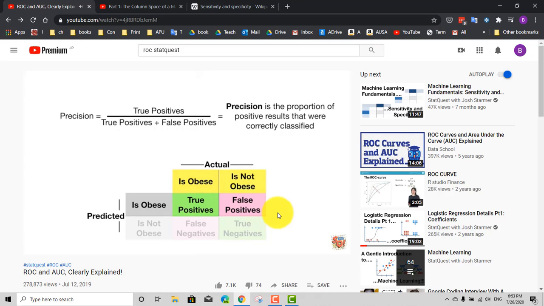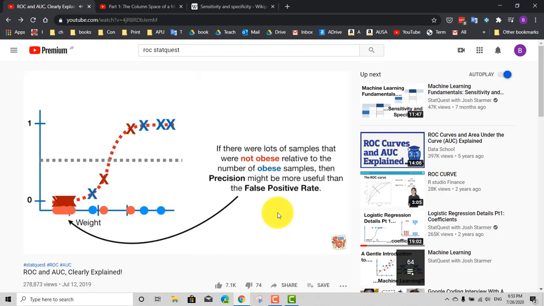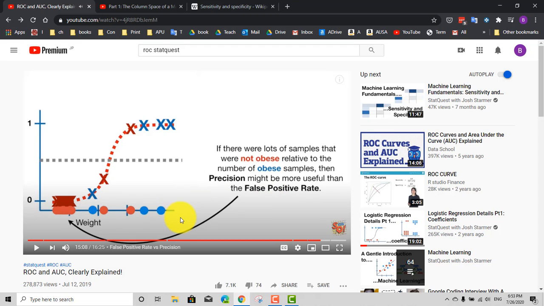Precision is the proportion of positive results that were correctly classified. If your data had many samples that were not obese, then remember we talked about this a little bit when we talked about imbalanced classes. That means when one of the classes occurs much more frequently than another. A classic example of that is when you're predicting credit card fraud.